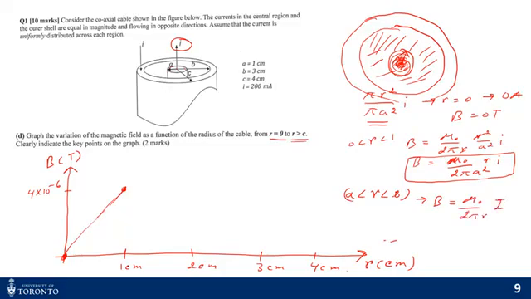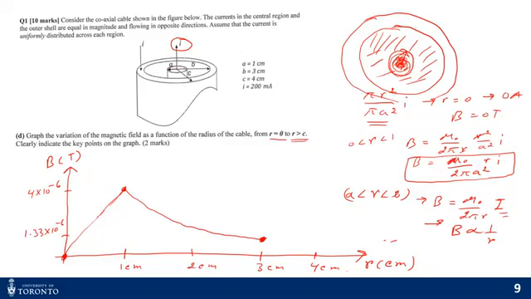In this case, my I is constant, which is the internal current, 200 milliamps, and all the values are constant. Now my B is proportional to 1 by r, so this should have a 1 by r dependence with distance. At 3 centimeter, you can plug in the values in this equation and you'll end up finding a value which is 1.33 microtesla.